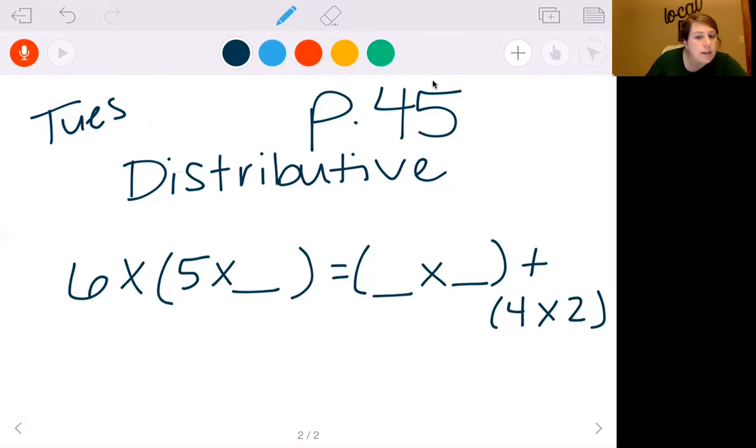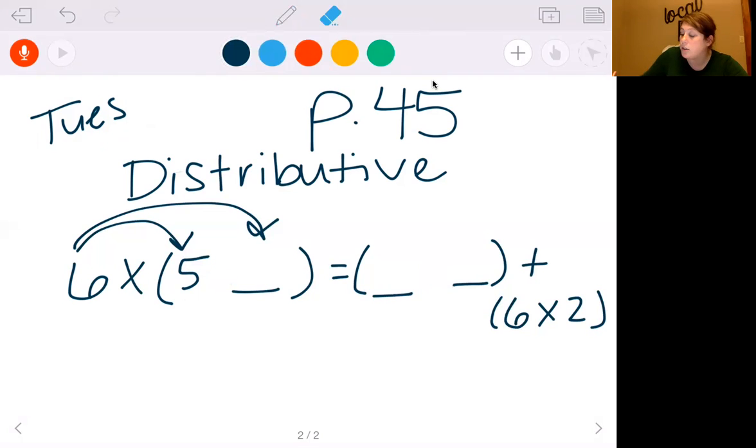I think I actually wrote that down wrong. Hold on. Give me just a second. I was trying to copy it. This should be a 6. Sorry. I was trying to use your book as a reference, but then also change it at the same time. So if we're drawing our arrows for distributive, 6 times 5. Actually, I'm totally messed up. This also needs to be addition.